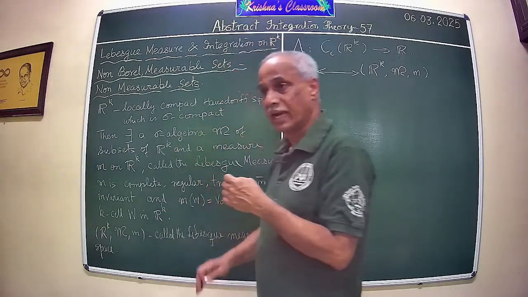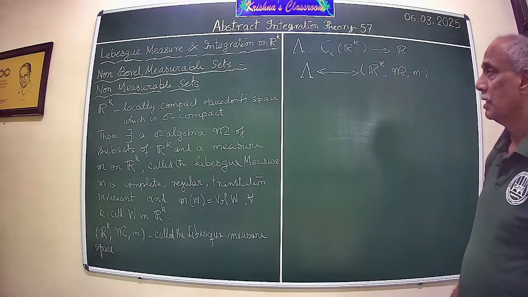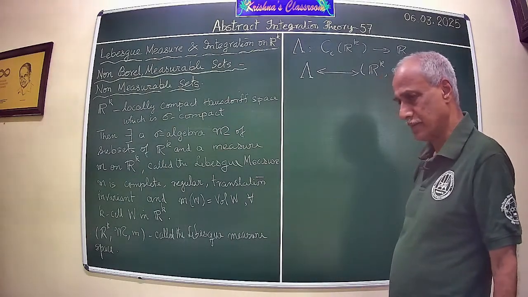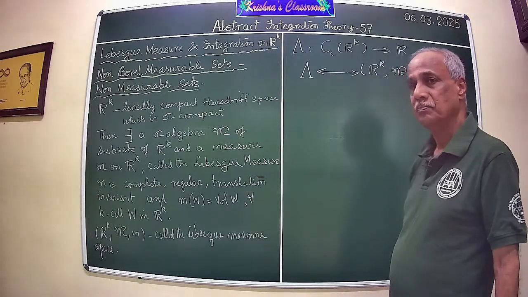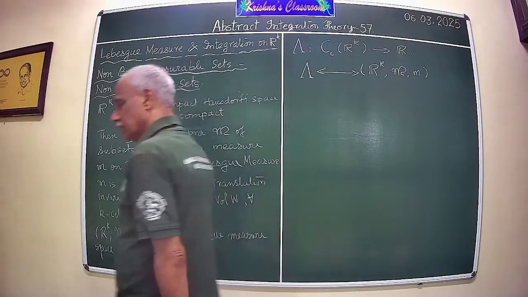Lebesgue measure is the natural measure that we build up on R, in the case of R^1, starting from the problems in Riemann integration.